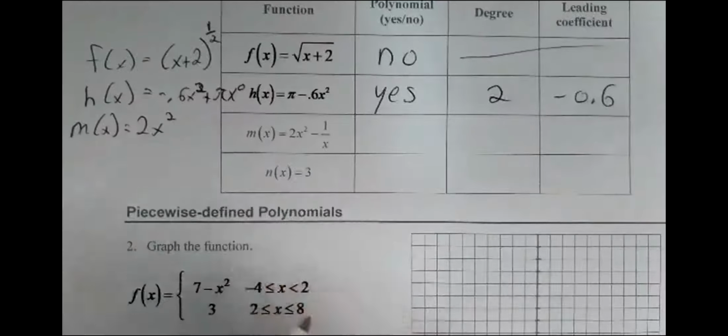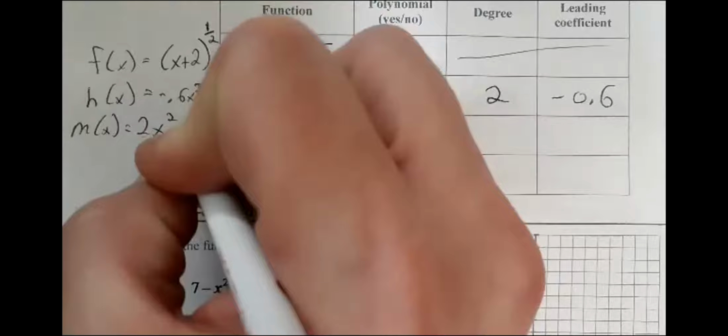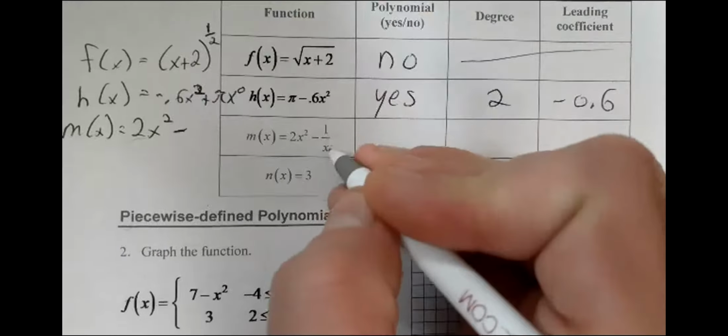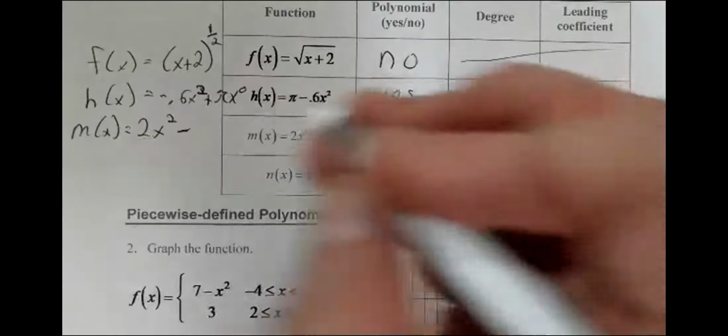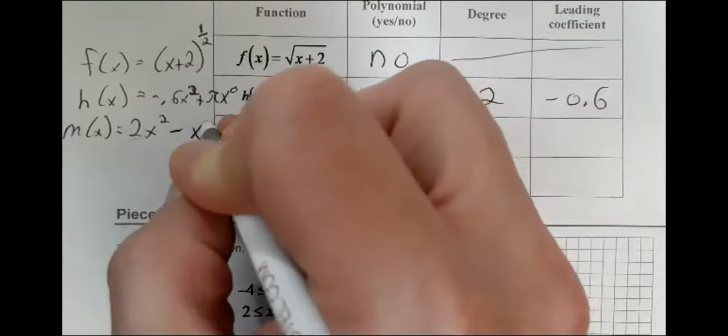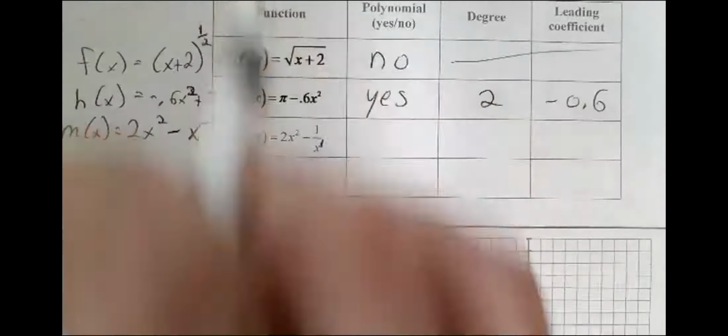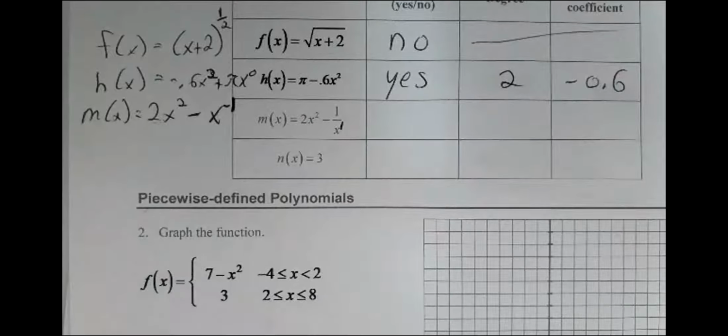We talked about 1 over x. If I want to write that with an exponent, 1 over x is like 1 over x to the first power. This is like x to the minus 1. If I'm looking at this, this looks like 2x squared minus x to the minus 1 power. Is this a polynomial?